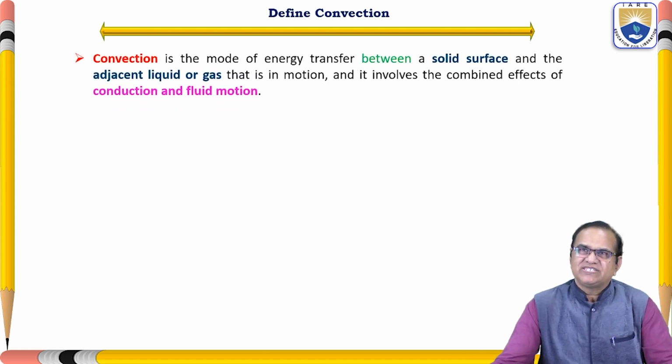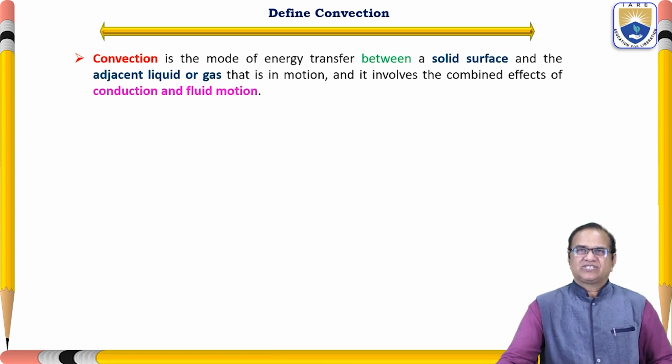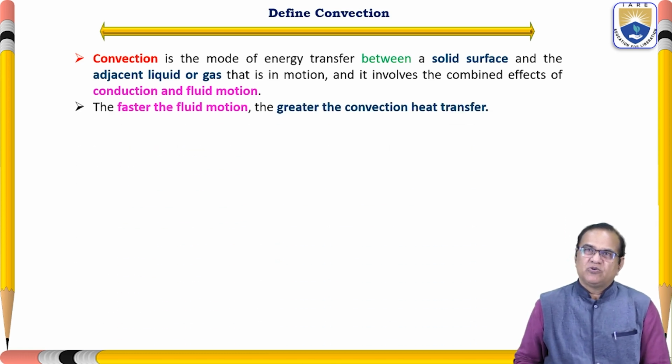Define the convection. Convection is the mode of energy transfer between a solid surface and the adjacent liquid or gas that is in motion, and it involves the combined effect of conduction and fluid motion. The faster the fluid motion, the greater the convection heat transfer.